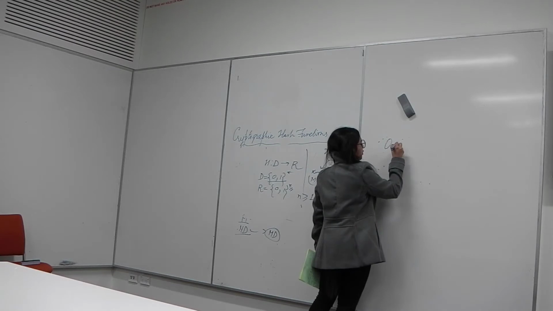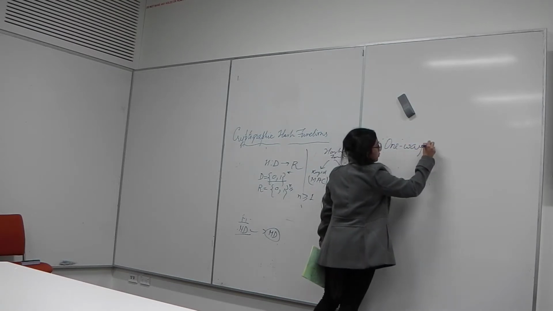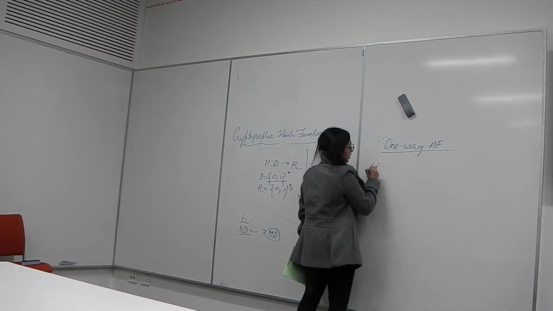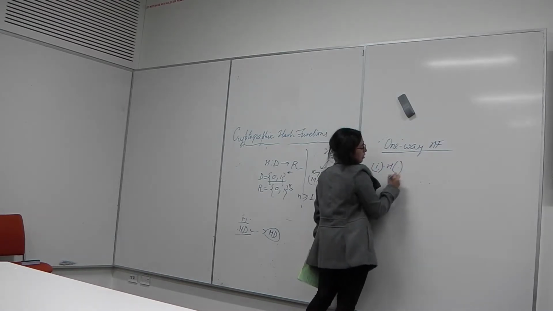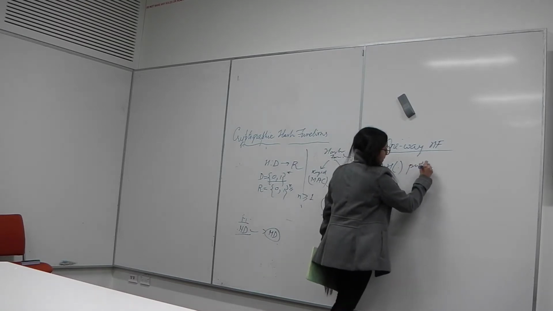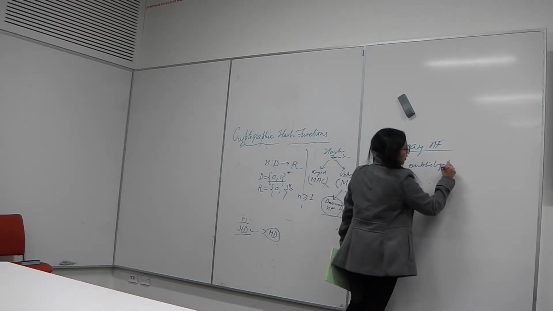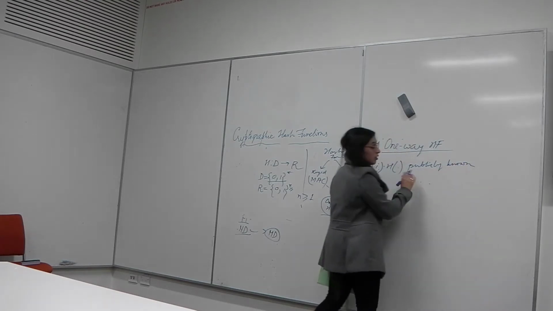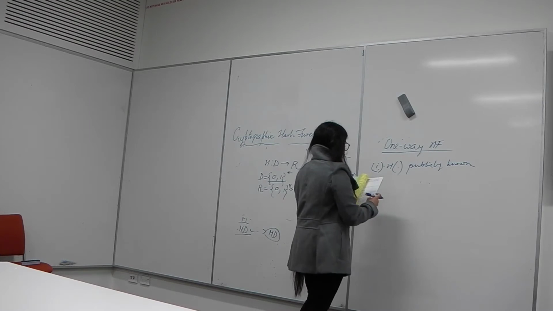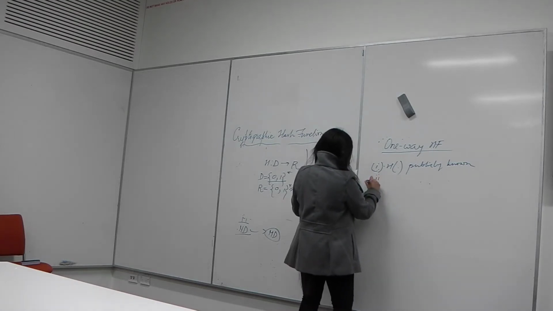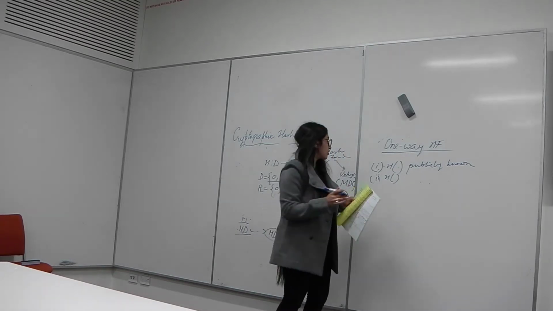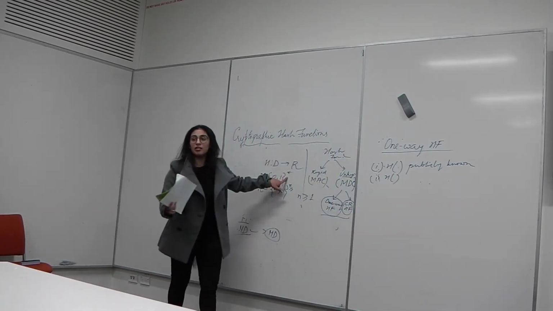So one-way hash functions. The first property is that this hash function should be publicly available, publicly known, as in it should not be secret, the construction of the hash function. And then this hash function can be applied to messages of any length, as I have mentioned here.